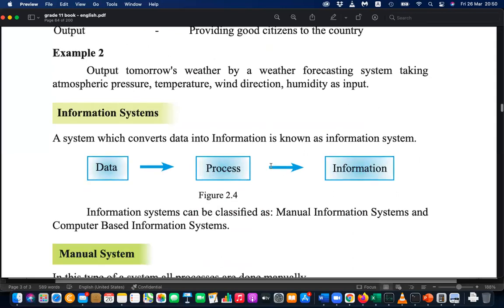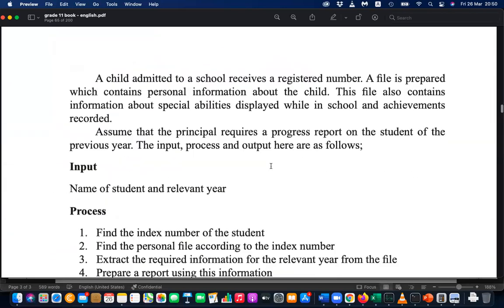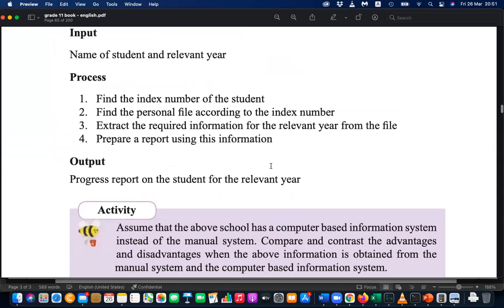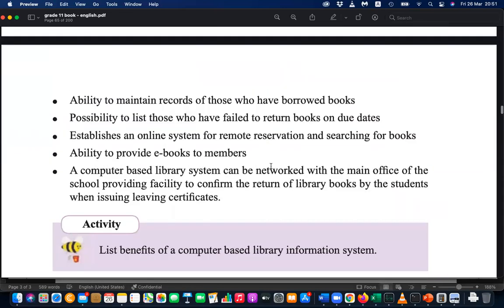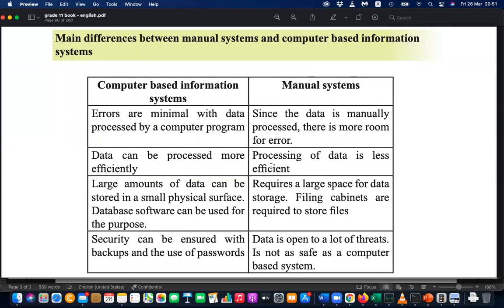A computer system also has similar features. An important thing here is to study the computer-based system and the manual system. A manual system means a system which doesn't use computers. It uses manual methodologies suggested by human beings.